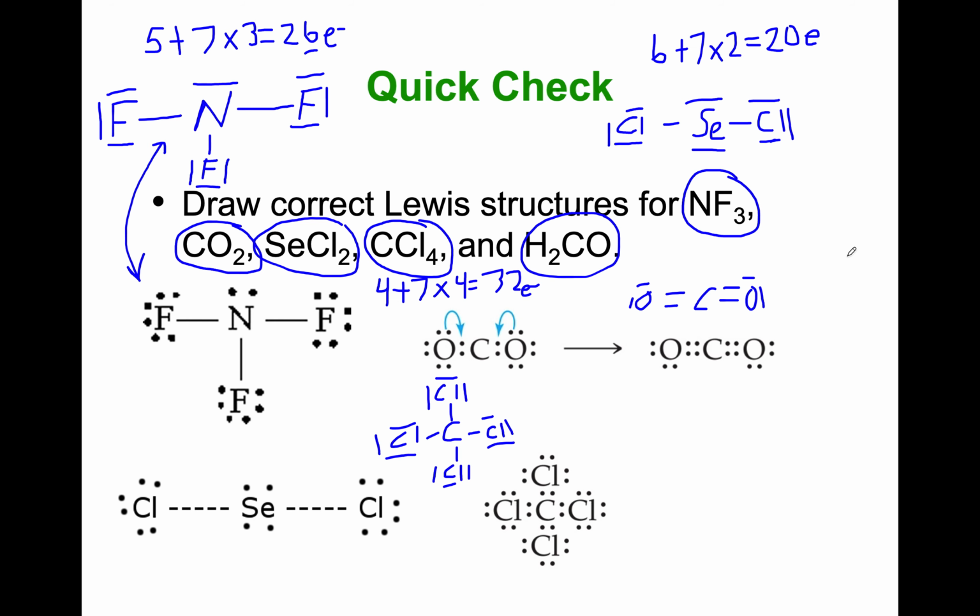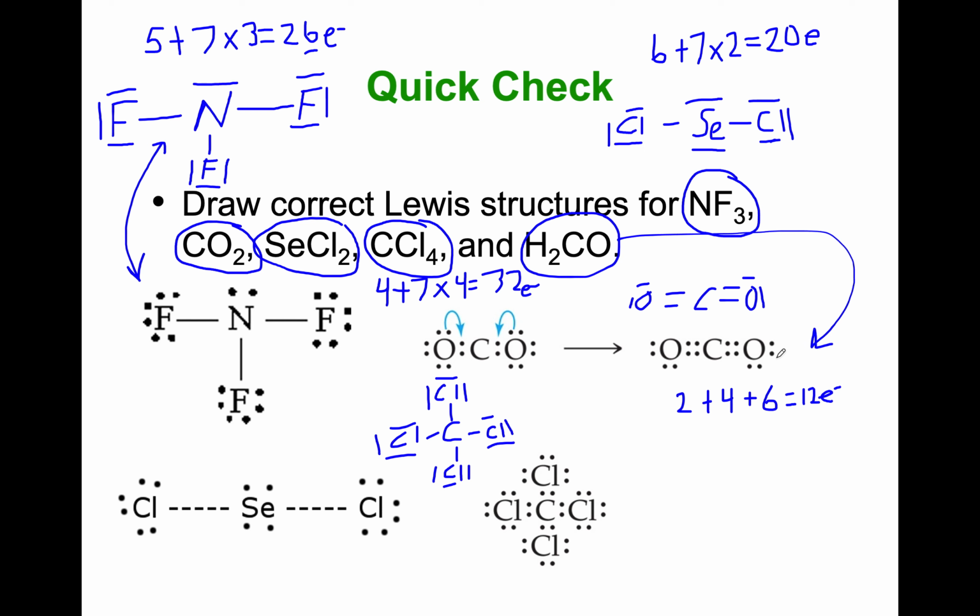Okay, so this last one, we've got more atoms. Hydrogen has 1 valence electron each, so that's 2. Carbon we saw already has 4, and oxygen we saw has 6. So that's a total of 12 electrons.